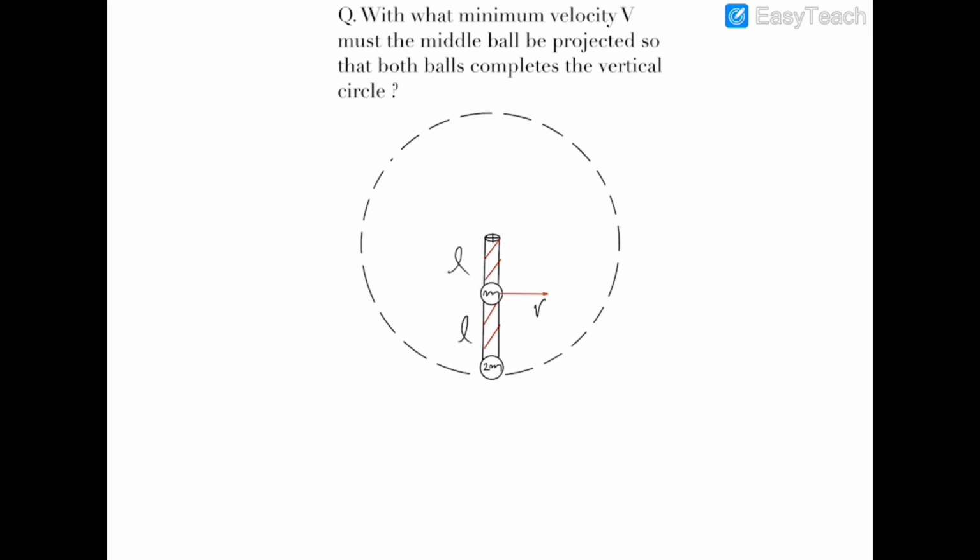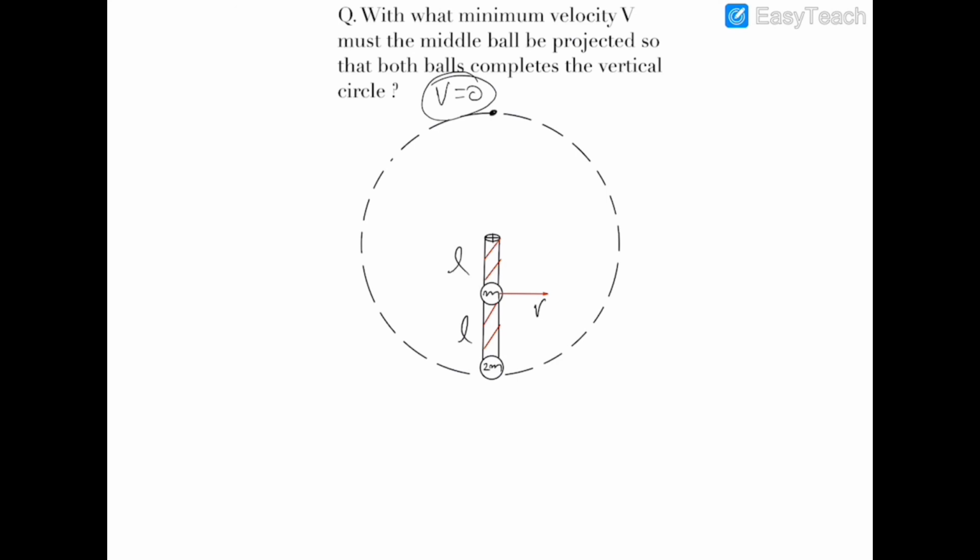So as we know, for the case of the rod, when the balls are connected with the rod, the minimum velocity at the topmost point can be 0, and therefore, considering that the ball reaches the topmost point with 0 velocity, we can apply directly the law of conservation of energy.